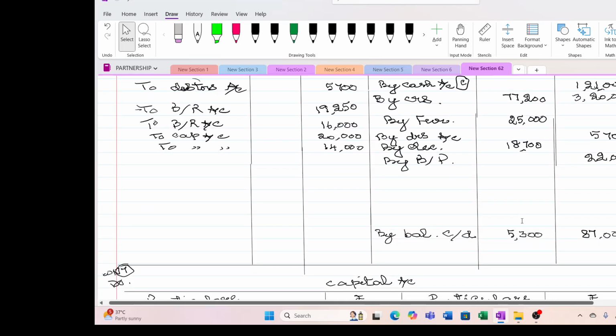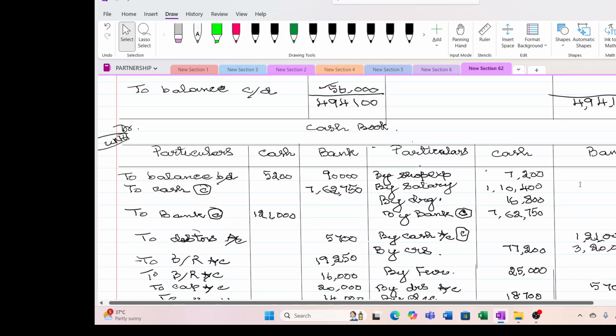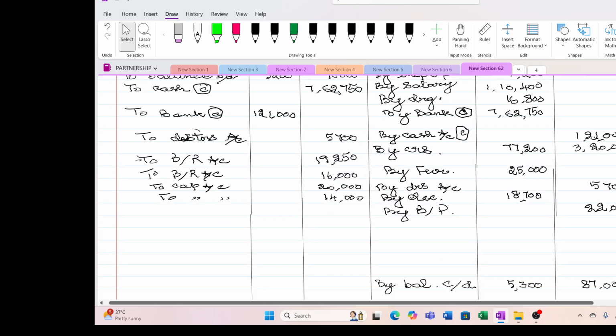The total comes to 7,200 plus 110,400 plus 16,800 plus 762,750 plus 77,200 plus 25,000 plus 18,700 plus 5,300.